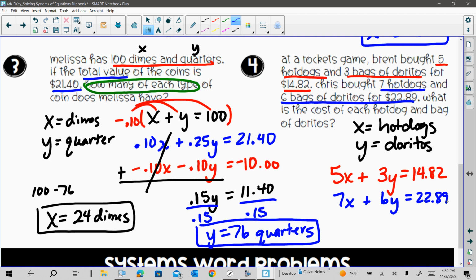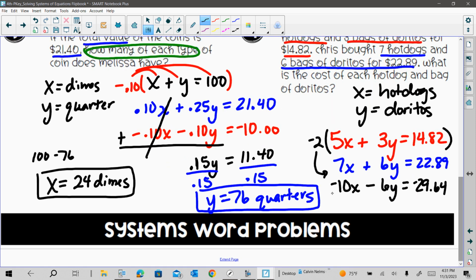Now, again, the key is to focus on your smallest variable. That's this 3y, and then I have a 6y. So I can make this an opposite if I multiply this top one by -2, because -2 times 3 gives me -6. So I'm going to rewrite here. I have a -10x, because I'm multiplying each one, minus 6y equals -29.64.